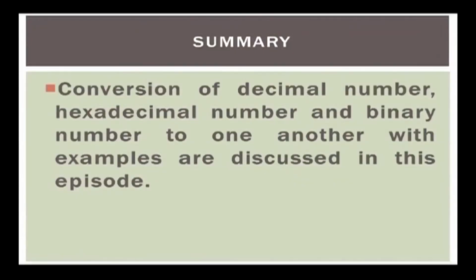So, in today's lecture, so far what we have seen is how a hexadecimal number can be converted first to a decimal number, and then we have also seen how we can convert a decimal number to a hexadecimal number by dividing the number repeatedly by 16 and taking the remainders. If it is a fractional part, we multiply by 16 and take the carries. Then we also saw how we can convert a hexadecimal number to a binary number by taking each digit in the form of a 4-bit binary word.